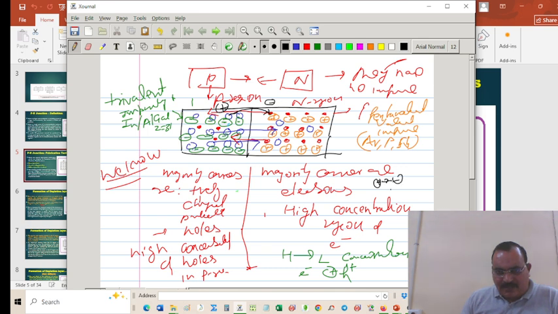When they combine, I call it recombination, because positive and negative become neutral. So recombination starts.